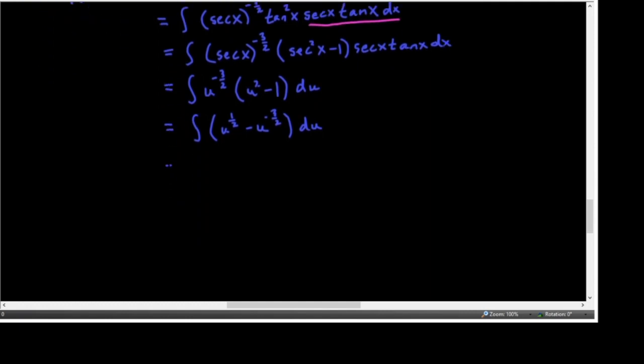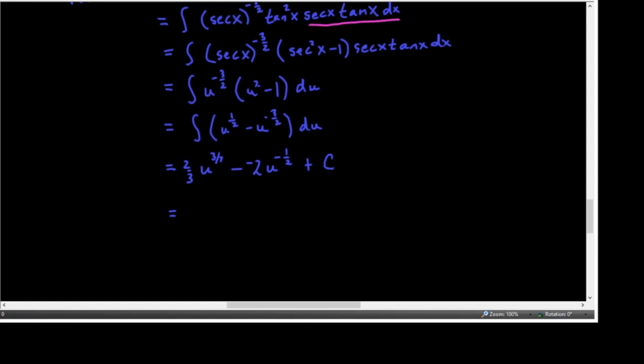So adding 1 to that power will make that u to the 3/2 divided by 3/2, same thing as times 2/3, minus u, adding 1 to negative 3/2 is negative 1/2, divided by negative 1/2 is the same thing as times negative 2, plus c.